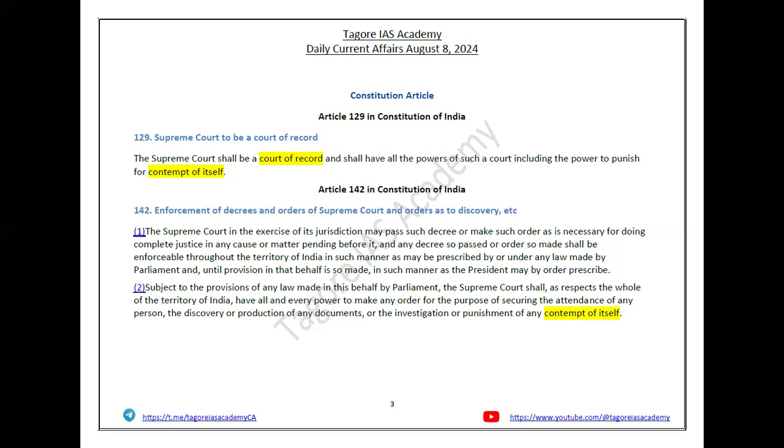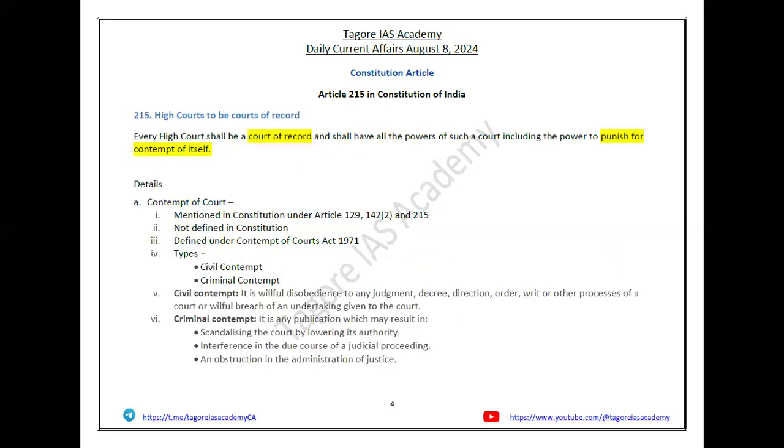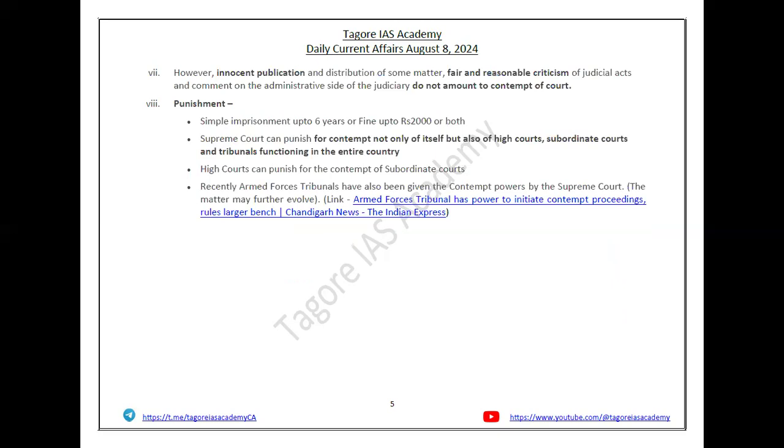But it nowhere mentions that it can punish for the contempt of the High Court also. The Supreme Court has ruled that yes, it can punish. Point number 8 में देखिए, second sub point, that the Supreme Court can punish not only its own contempt, but if there is a contempt against any High Court, that also is punishable by the Supreme Court.